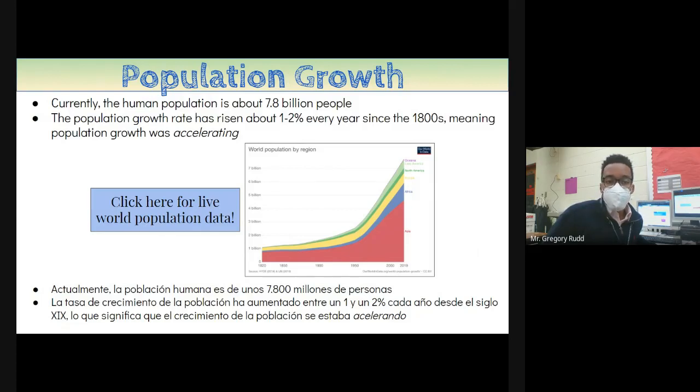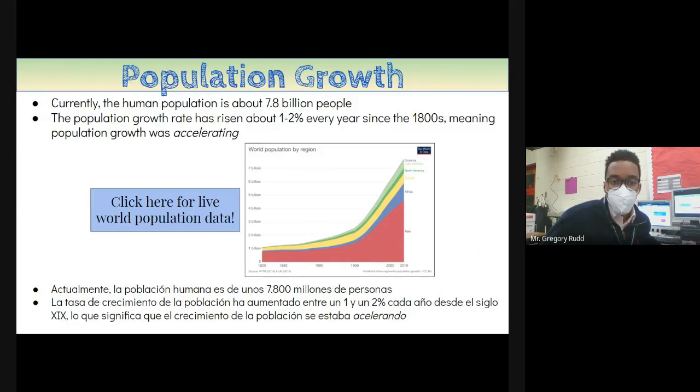It's kind of hard to see this graph, but what it shows is that in 1820, the population was only about 1 billion people. So it's been 200 years, and we've seen the population of human beings on Earth increase by almost 7 billion. That's humongous.